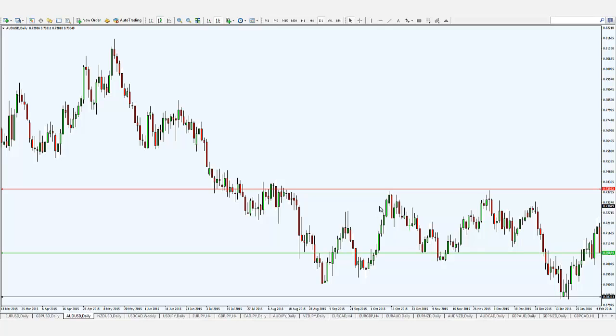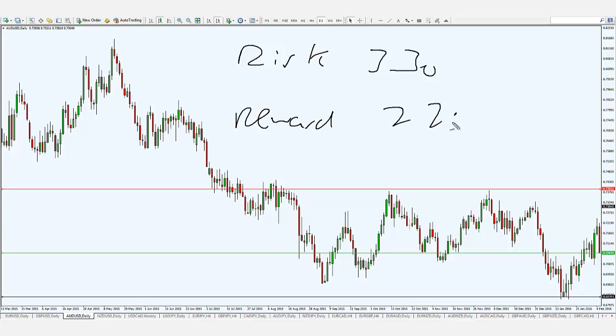So in terms of risk to reward, they are basically risking about 330 pips to make 220 pips. So let's see, right? You're risking 330, and your reward is potentially 220.